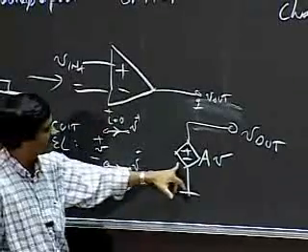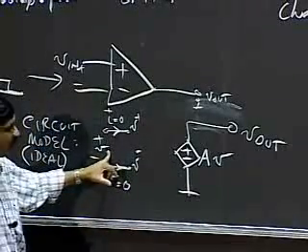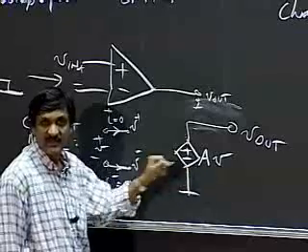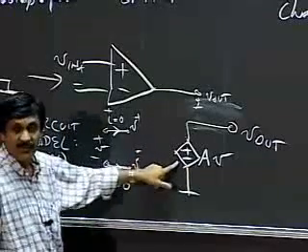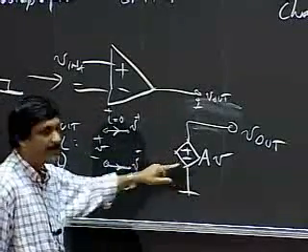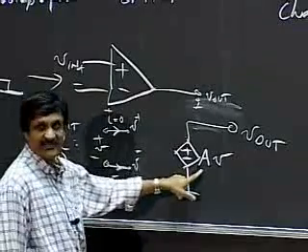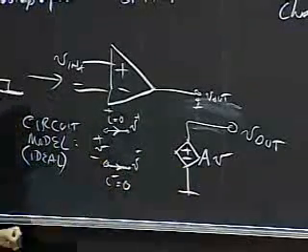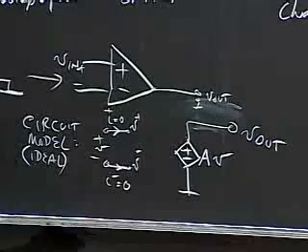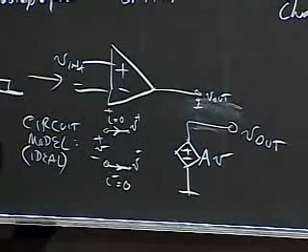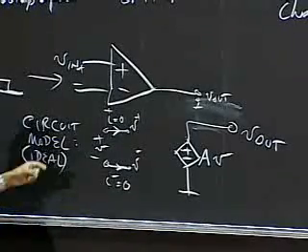And the dependent source here is a voltage-controlled voltage source, such that the output voltage is A times the voltage V across its input. So this is actually very simple.